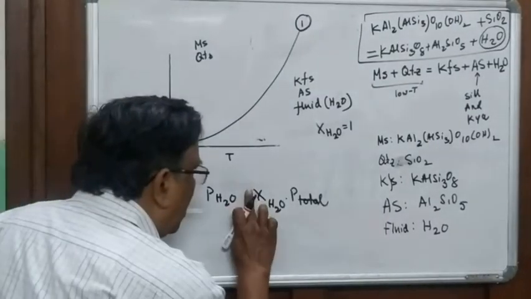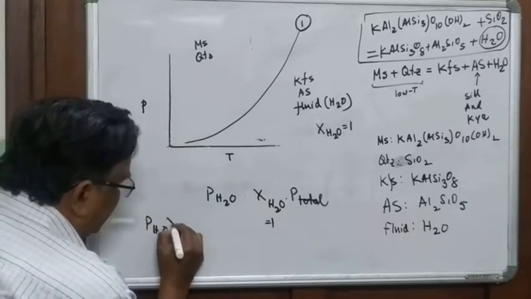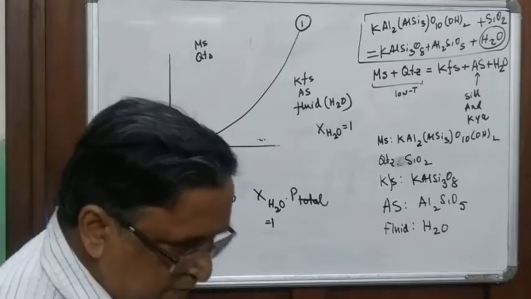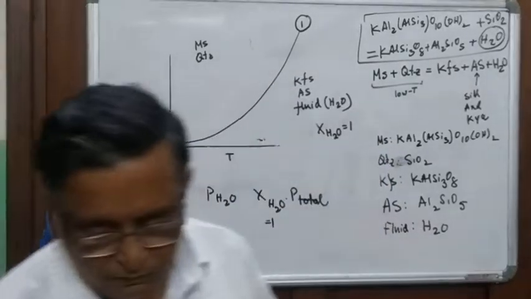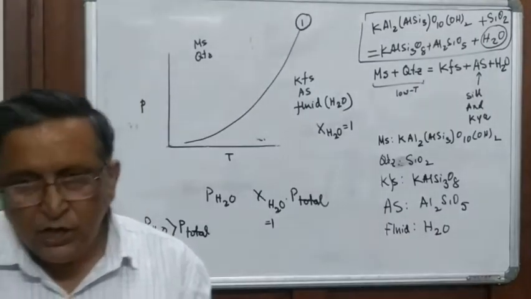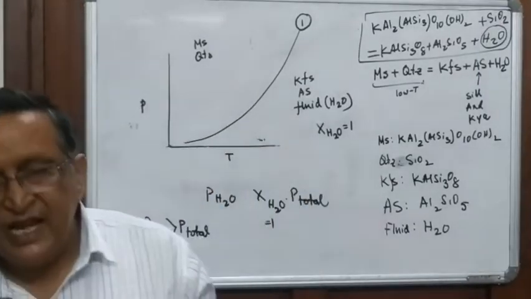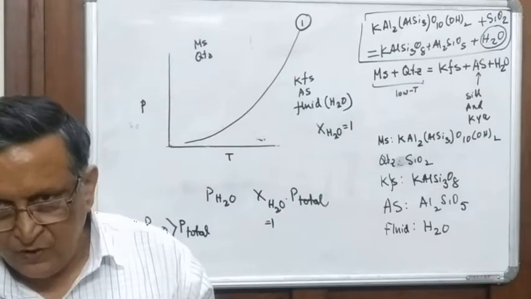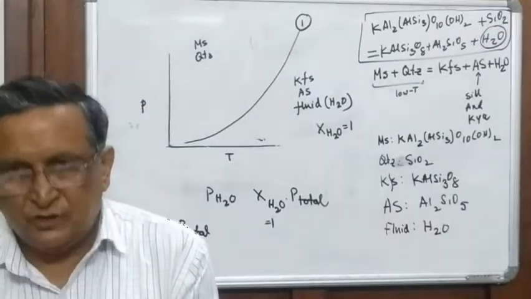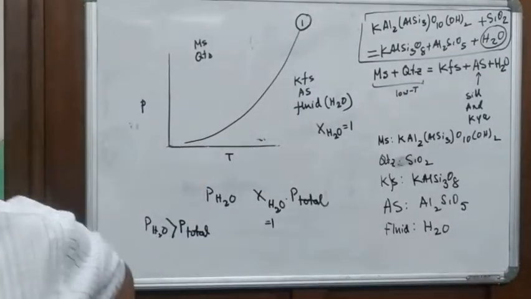If pH2O is greater than P total, then you can imagine the pressure of the fluid is more than the pressure above it. So this will cause cracking of the overlying crust because nature does not tolerate this. If you have a fluid overpressure, then the rocks above it would crack to release the extra H2O.